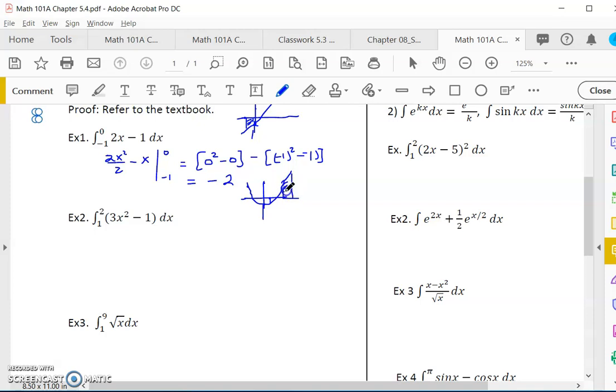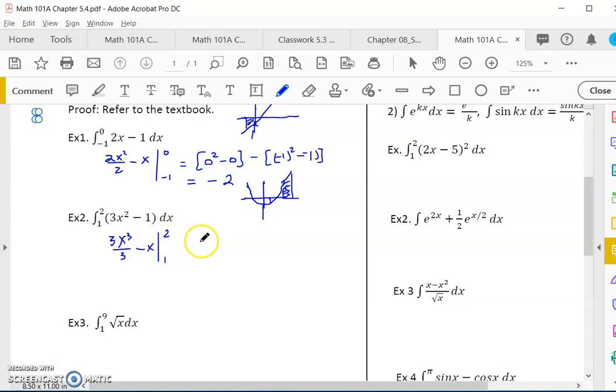Okay, we want to find this area. Now, of course, you cannot do a geometric formula. The only way, if we do not use the fundamental theorem of calculus, is to use Riemann sum. But now we know the antiderivative, we can do it. So it'll be 3 times x to the 3 over 3 minus x, because 1's antiderivative is x. I plug in from 1 to 2.